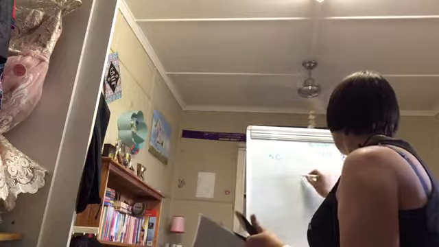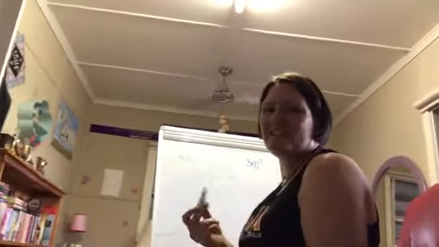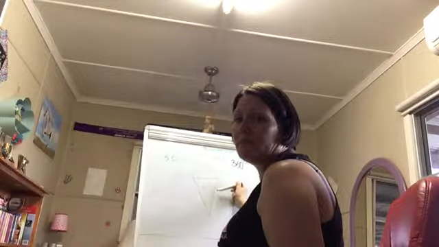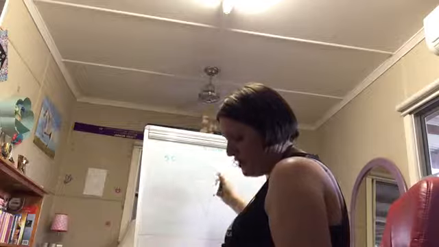Alright, let's go. 5C. Okay, 5C looks like the upside-down ice cream cone. Alright, so I can see that the ice cream cone is half a circle and a triangle.